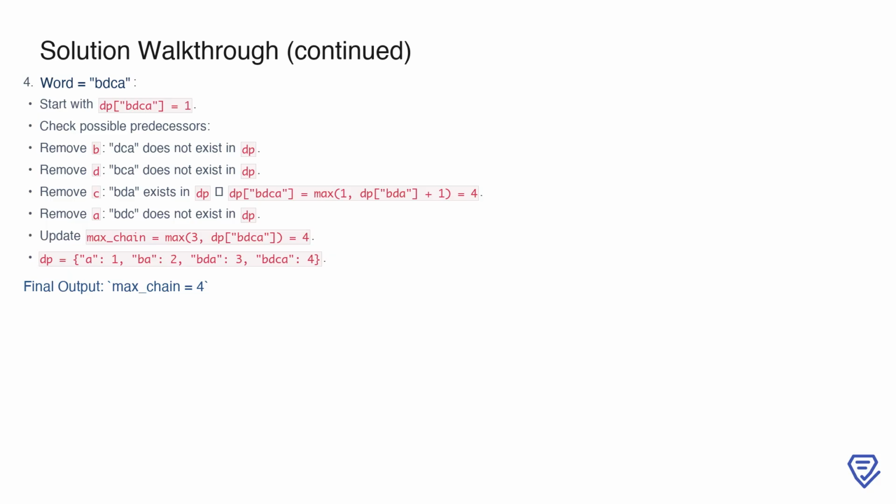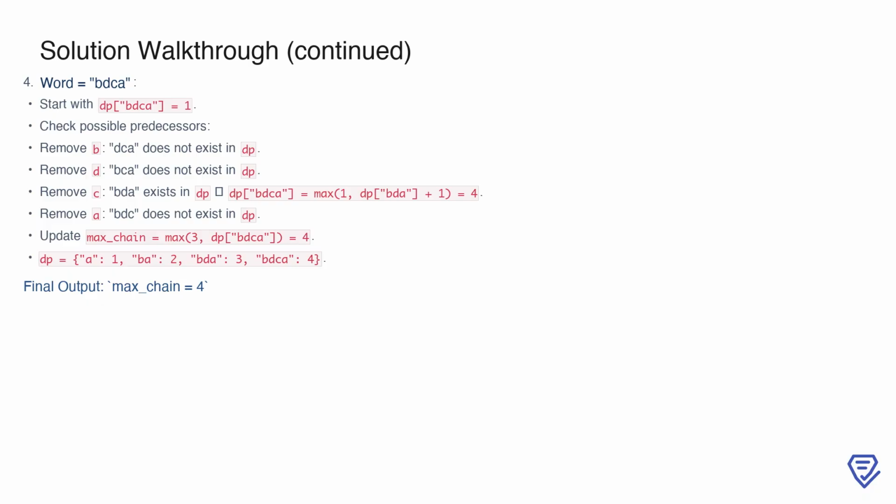Now, we process the word bka. We start by setting dp[bka] equals 1. Checking predecessors, removing b gives ka, which does not exist in dp. Removing k gives ba, which exists in dp.